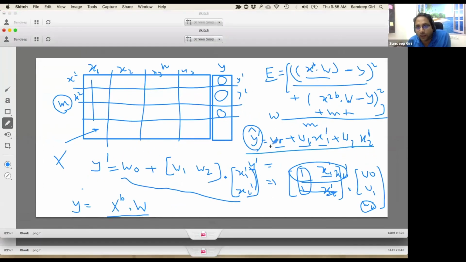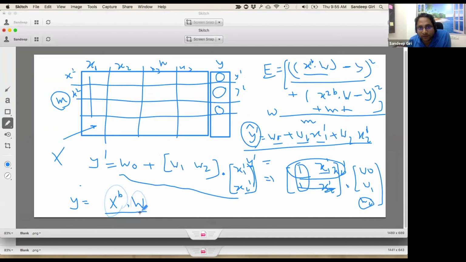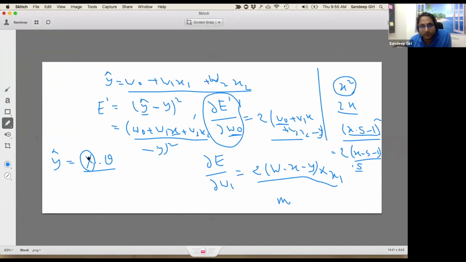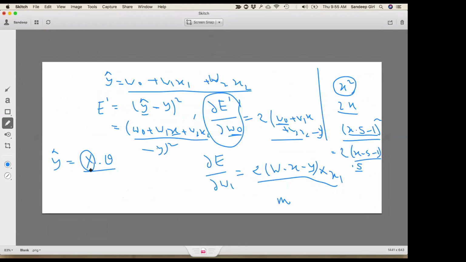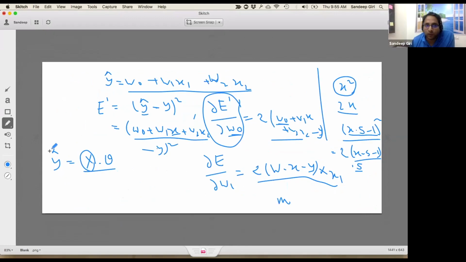When we were saying y equals w, this X is what we're talking about right now, and this w is theta. So y is equal to x multiplied by weights. And this x includes one extra one to take care of this particular term. So this is our y predicted value.